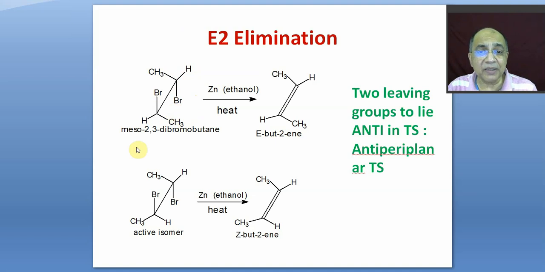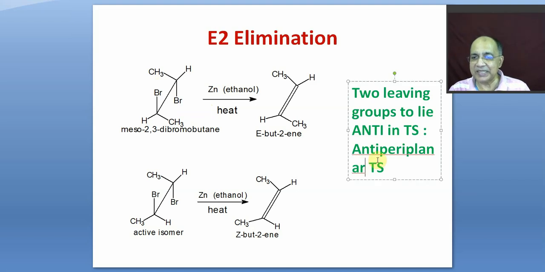Now when you take the meso compound, you get trans-butene, because at the transition state, when elimination takes place, the two leaving groups should remain opposite to each other. This condition is called anti-periplanarity. Therefore, the fixed reactant meso compound gives the fixed product E-butene.